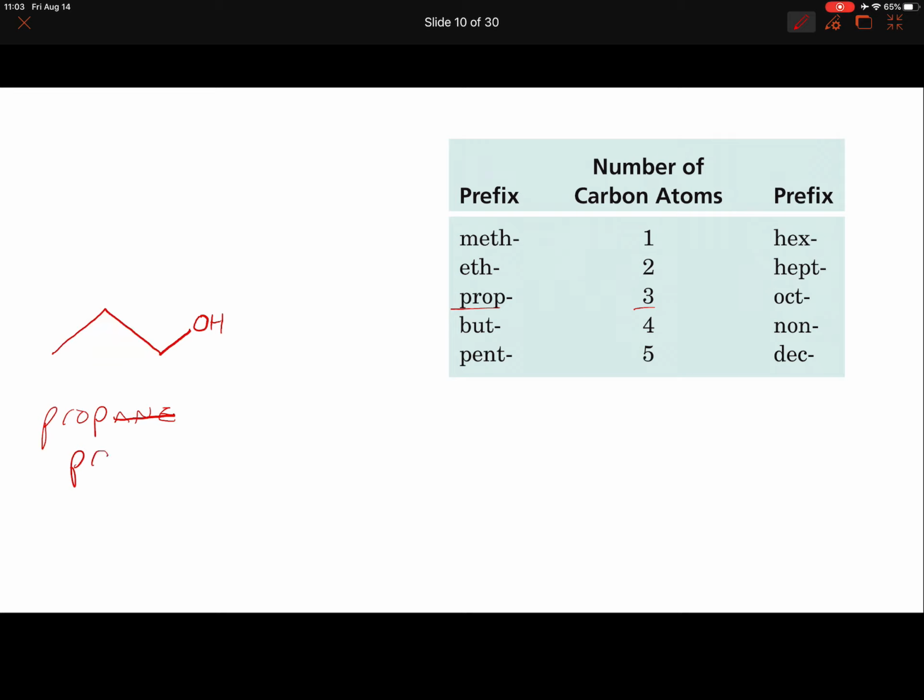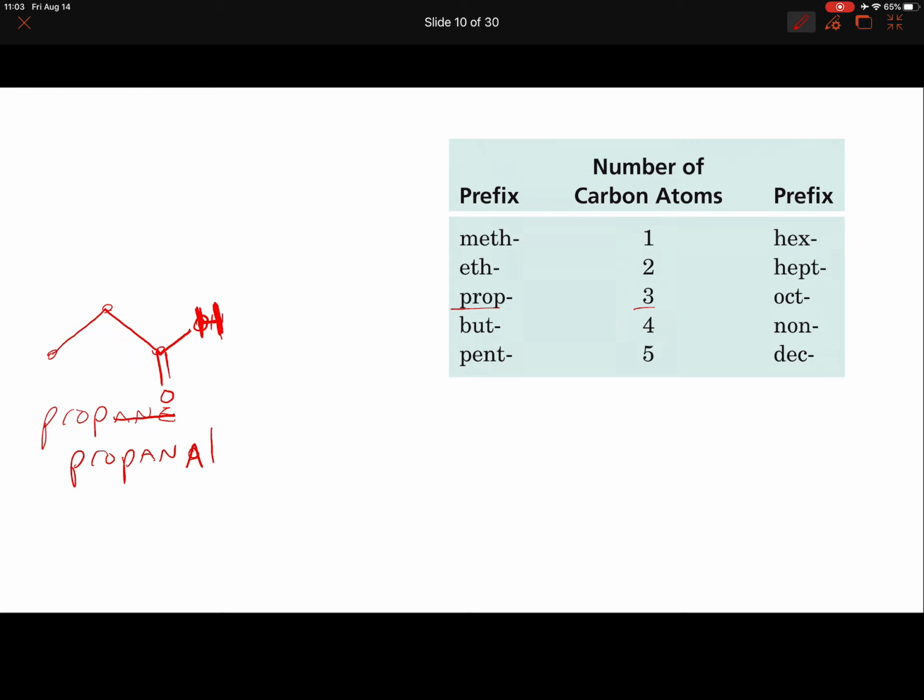Actually, it would still be propane, and then alcohols get OL endings, so this would be propanol. So propane, propanol. If this was an aldehyde, aldehydes get named with an AL. This would still only have 3 carbons in it, so it would be propanal.